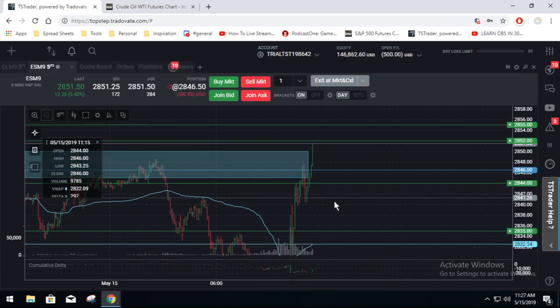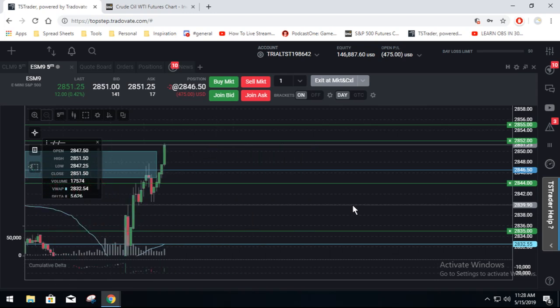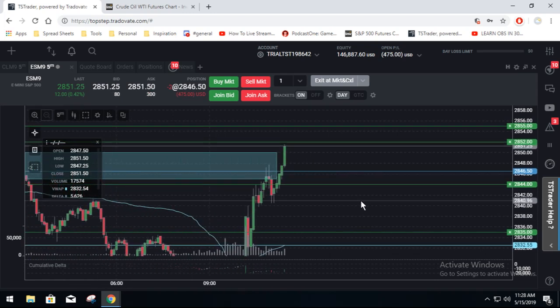We're gonna get stopped out on the primary. Too aggressive. Not aggressive enough. Broke out against us. Got screwed. That's straight in, guys.